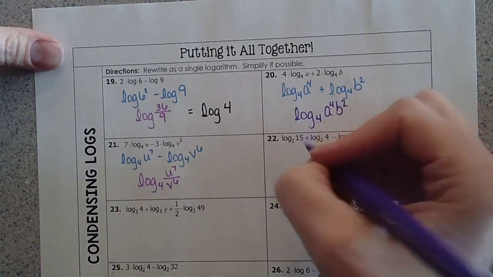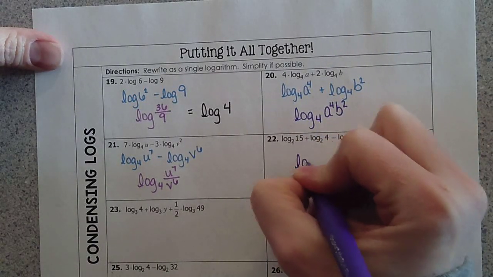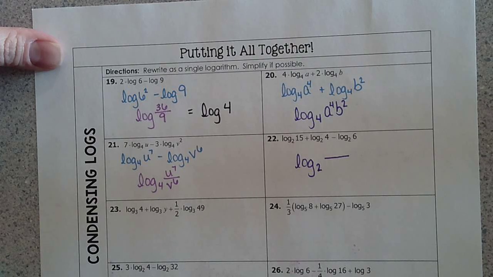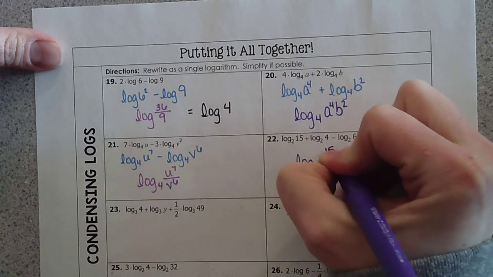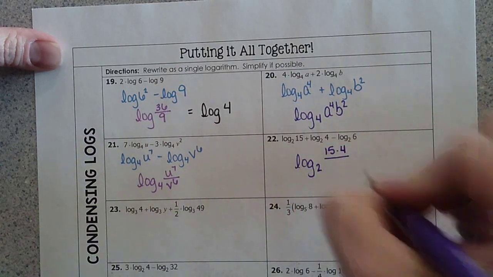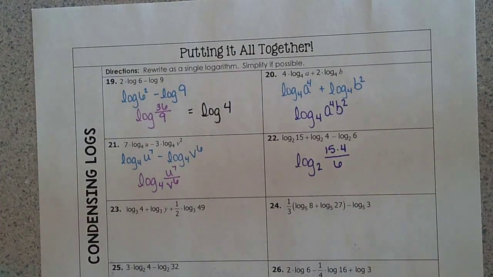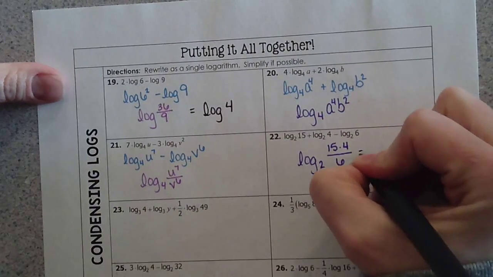So I'm going to have log base 2. And in my fraction on top, I have 15 times 4. And on the bottom, I have divided by 6. And now I'm going to turn that into a value. 15 times 4 is 60. Divided by 6 is 10. My answer here is log base 2 of 10.